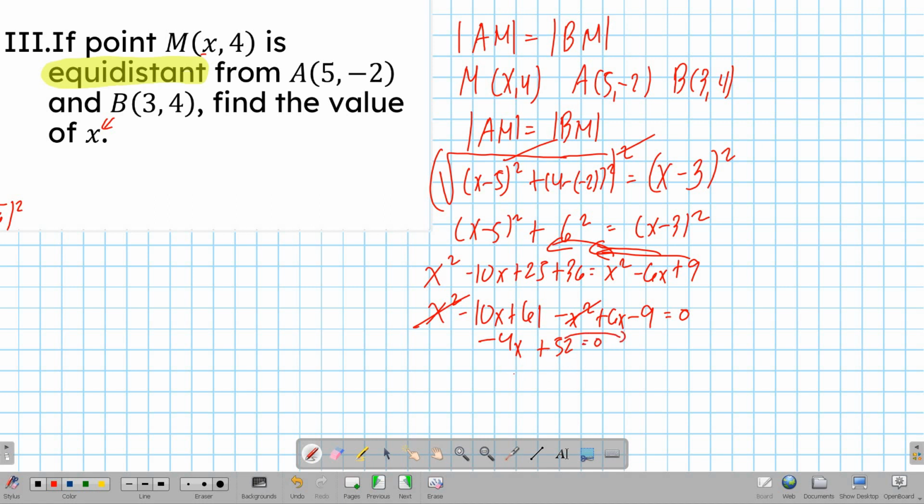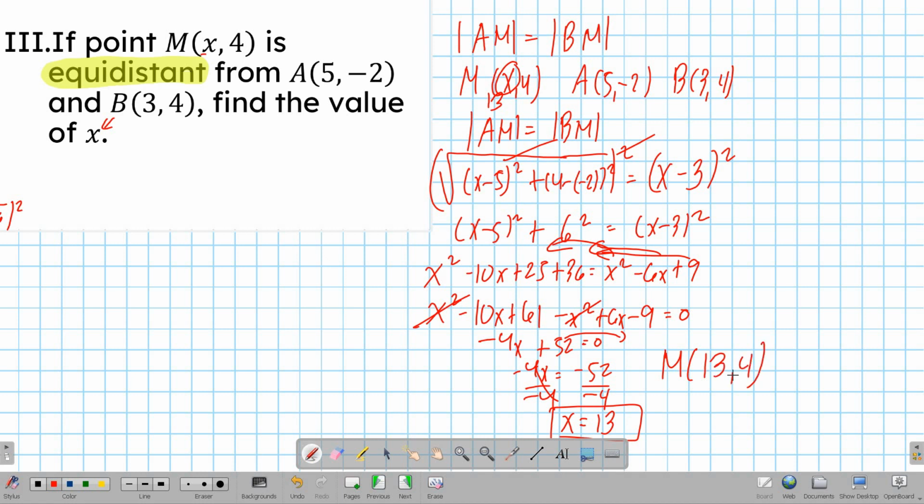So, transpose, we're going to have negative 4x is equal to negative 52. Divide both sides by negative 4. Ayan. X is equal to 13, which makes M a point with coordinates 13, 4.